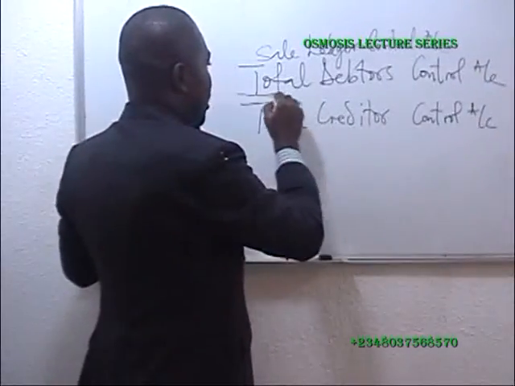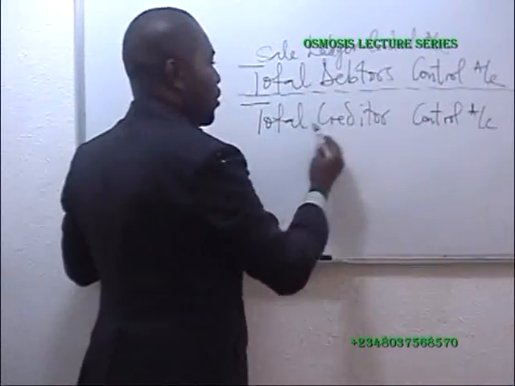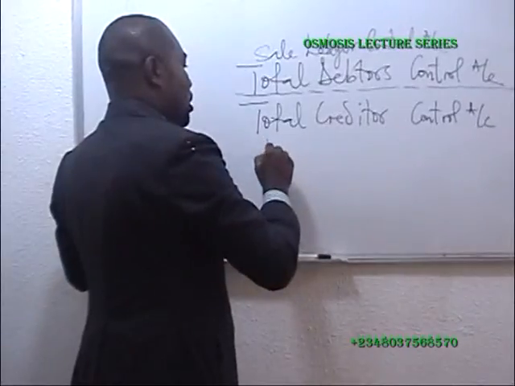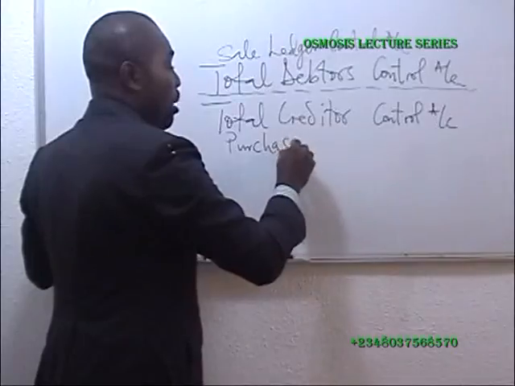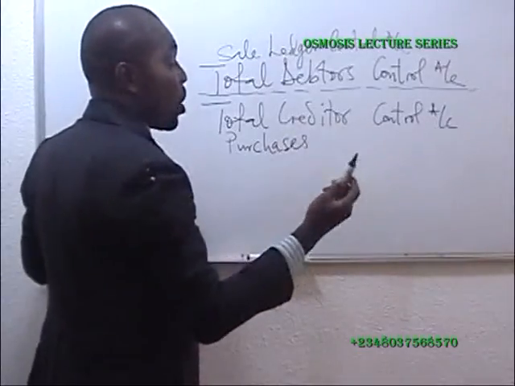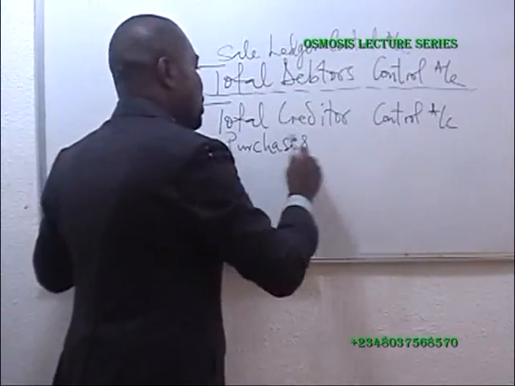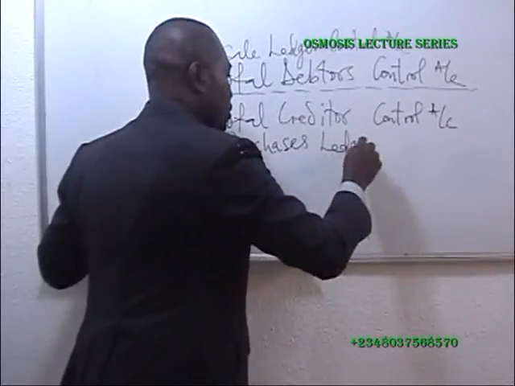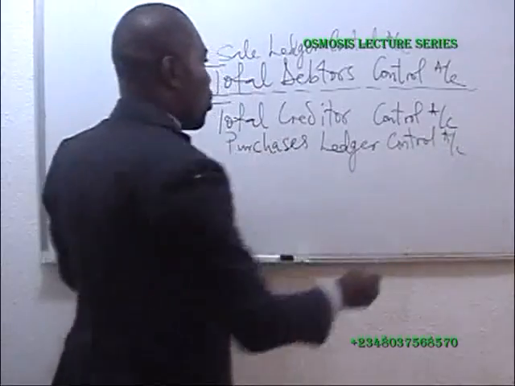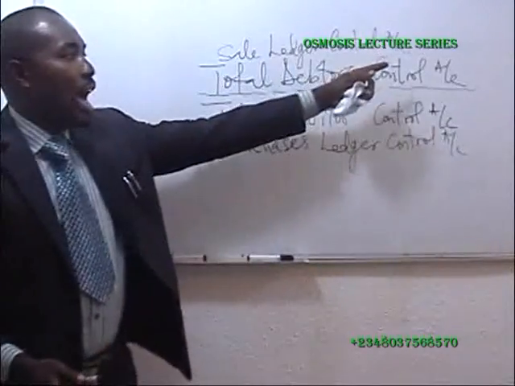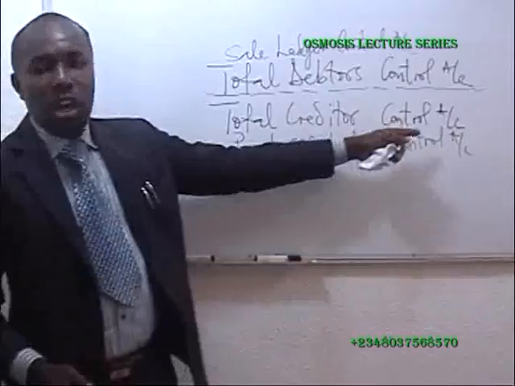Here you have creditors. You now say purchases, because for you to have creditors, you need to make purchases on credit for that matter. We have the purchases ledger control account.